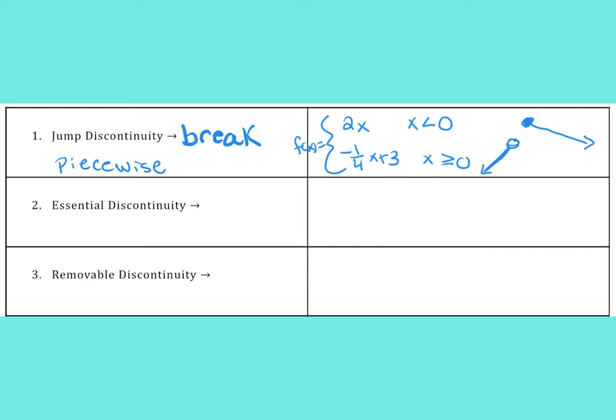Okay, the next one is called essential discontinuity. Another word for this is infinite. So infinite discontinuity. And what that is referring to is a vertical asymptote.